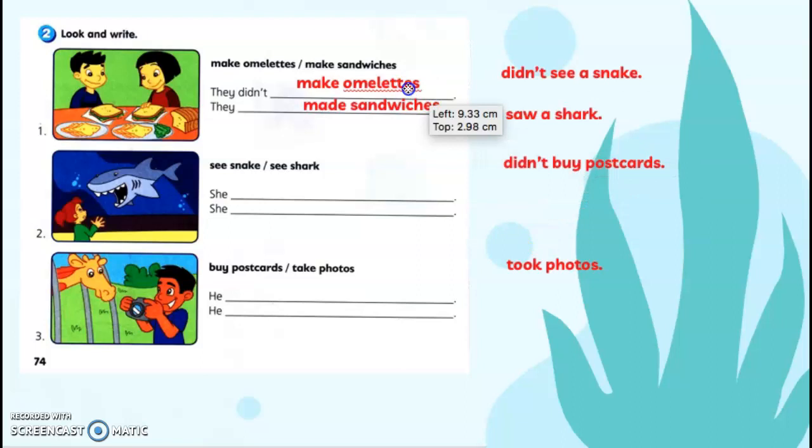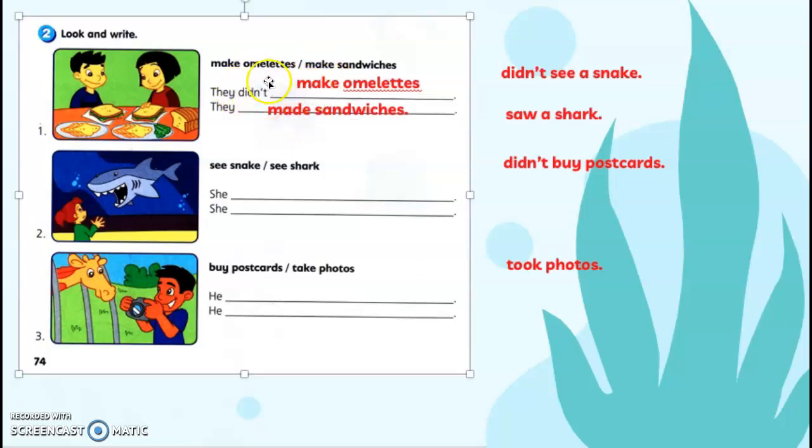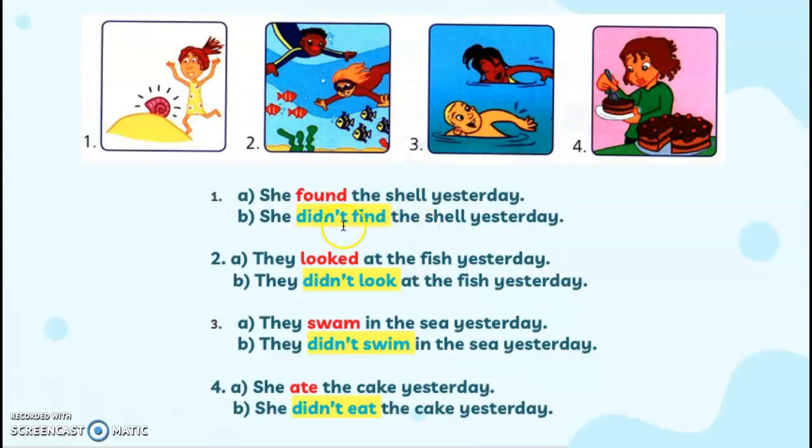You see, you have to change make into past tense because it's in the past. So M-A-K-E has changed into M-A-D-E. Past tense of make is made. This one you didn't change because there is a word didn't here. Remember? After didn't, we use the original verb.